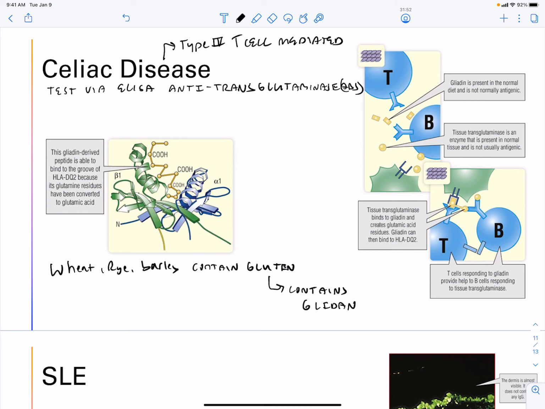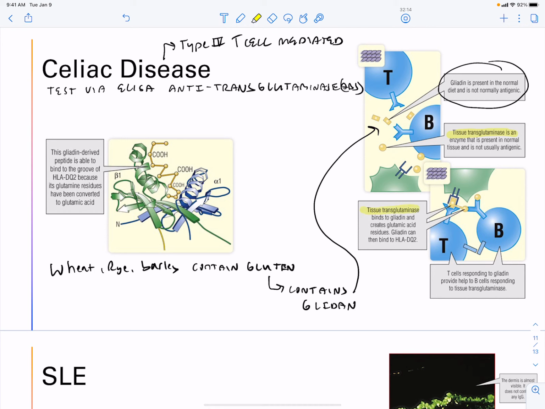And then gliadin is going to be present in the normal diet and is not normally going to be antigenic. But we have tissue transglutaminase, and this is going to be present in our normal tissue and again is not antigenic.